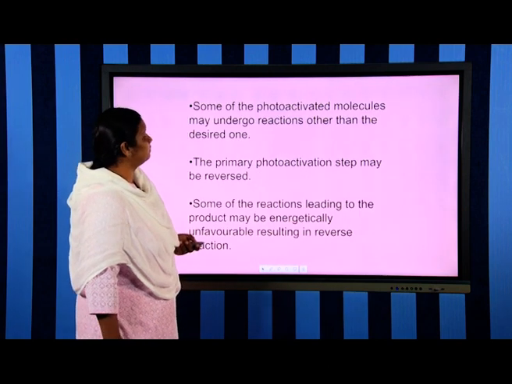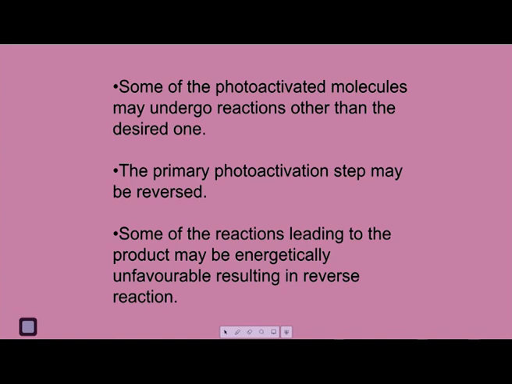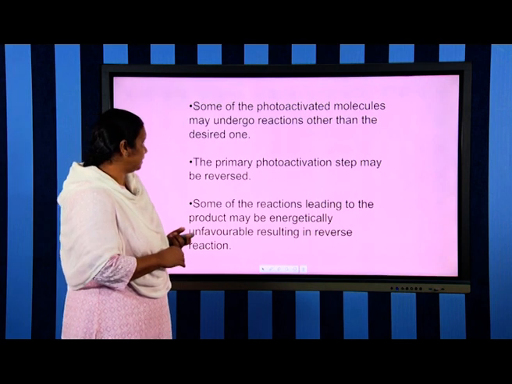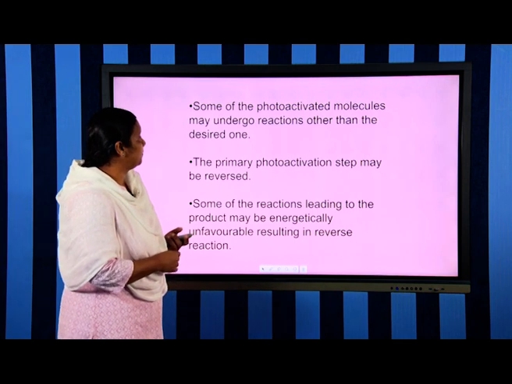Another reason, some of the photoactivated molecules may undergo reactions other than the desired one, that is, certain other side reactions may happen. Product formation may not happen, undesired reactions can happen, as in the case HBr is again converted to Br free radical and H free radical or hydrogen molecule.